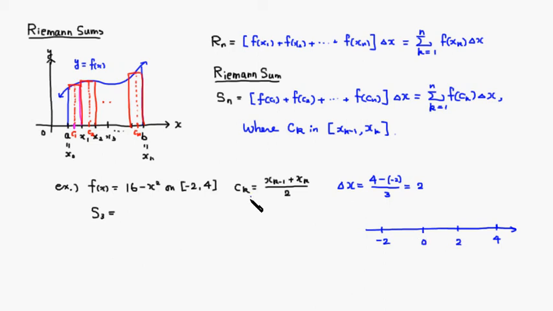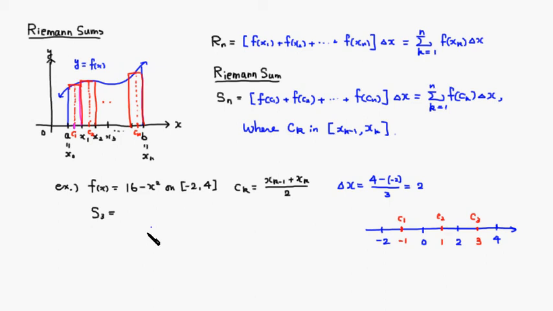But ck is the midpoint of the endpoints, so c1 is going to be right here, c2 right here, and c3 right there. You can see that the midpoint of -2 and 0 is -1, the midpoint of 0 and 2 is 1, and the midpoint of 2 and 4 is 3.